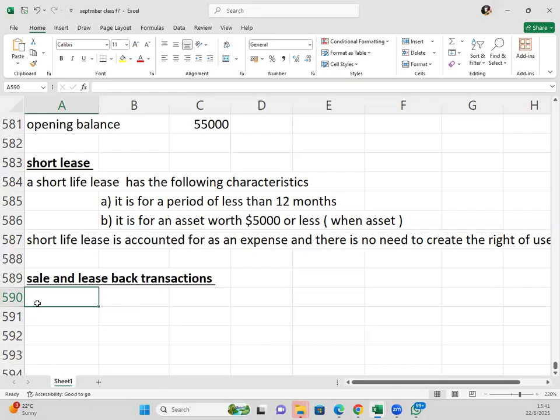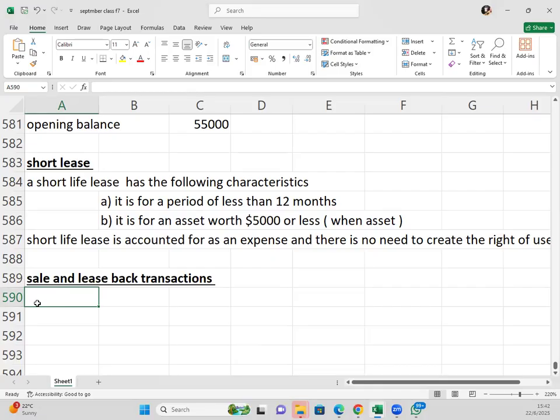It's actually a source of finance. I want money, I sell the asset to you today, you give me money, then I rent it from you. So I have the money, I still have the asset, but it's no longer mine. You sell the asset and you lease it back. That's a sale and leaseback transaction.